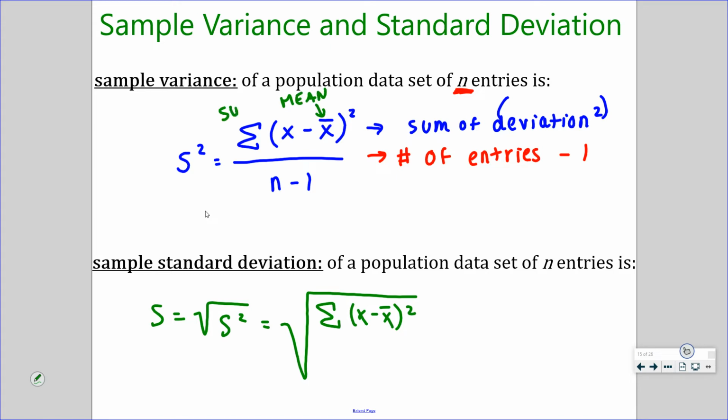This still means sum. Okay, so standard deviation: same thing with the n minus 1 if we're talking about a sample. Oh, gosh, I keep saying that wrong. Sorry. These ones are sample.